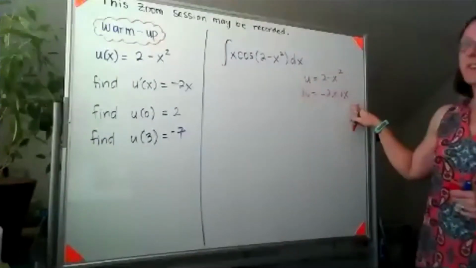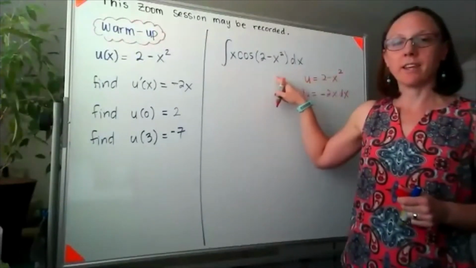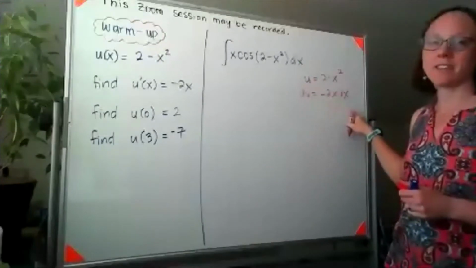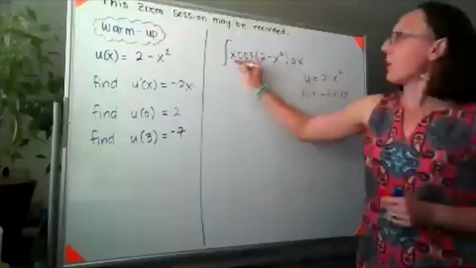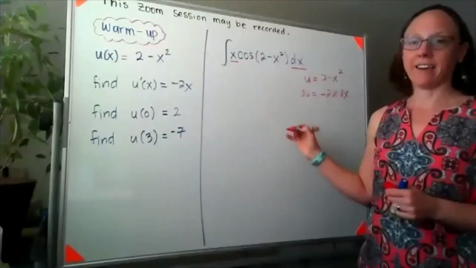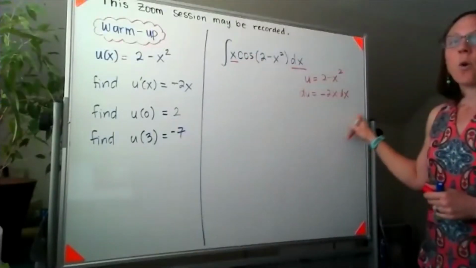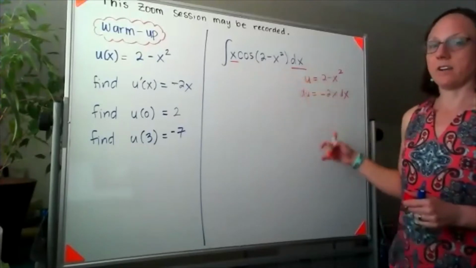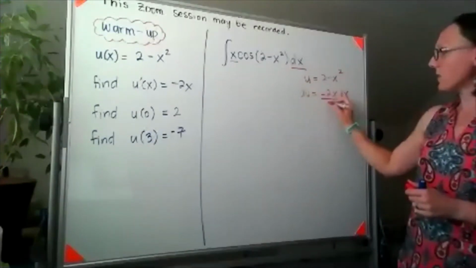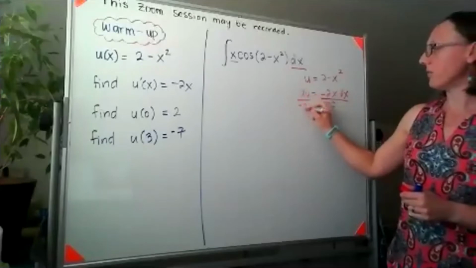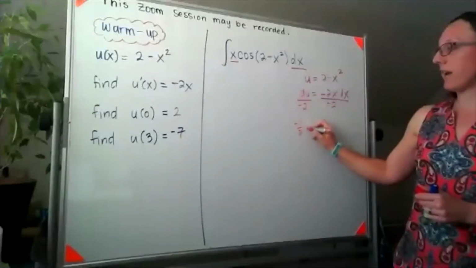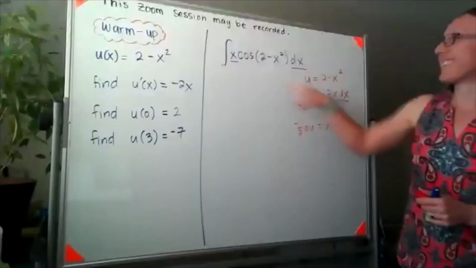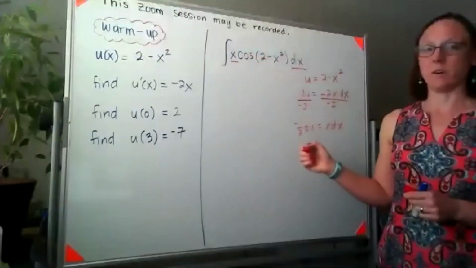Now, when I look at this, I'm trying to translate what's in my original question. And I don't have a negative 2x dx in my original question, but I do have an x and a dx. So I'm going to build my vocabulary list to match what I had in the question. I'm going to divide both sides by negative 2 so that I have negative 1/2 du is equal to x dx, because that's something that I had in the original question.